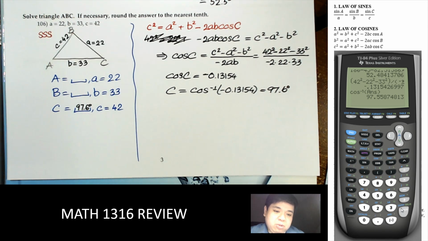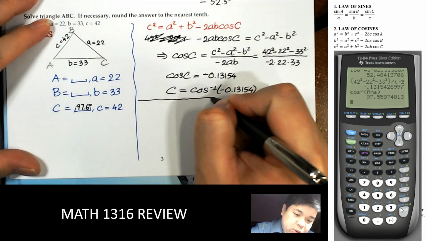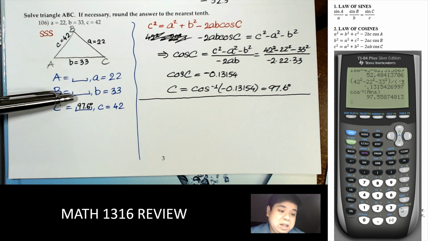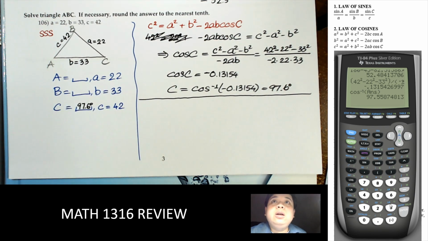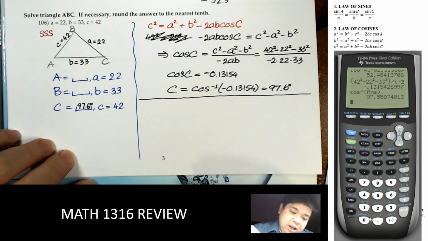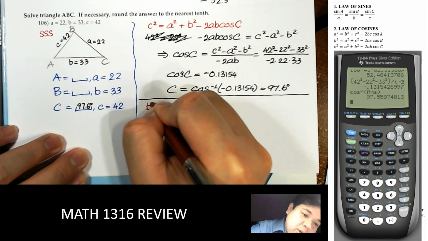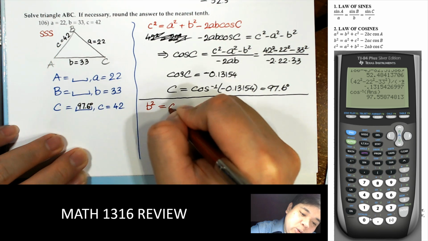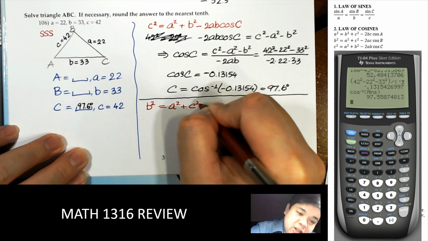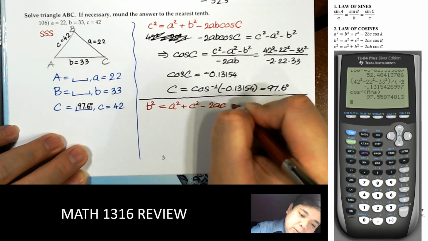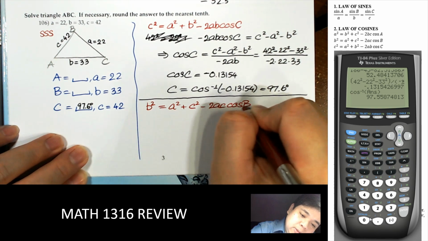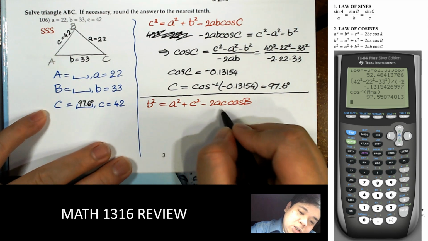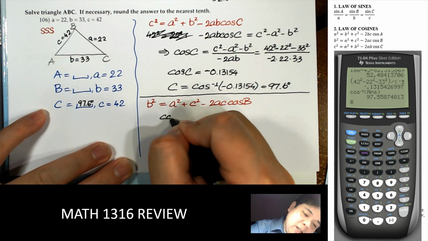Right. And we can use the law of sine to find the next angle. But since we used the law of cosine to find the angle already, now let's switch it up and find the next biggest angle, B. So we have another law of cosine, but we start with b and we're going to end up with b; the middle will be different letters. So let's solve for cosine of b.